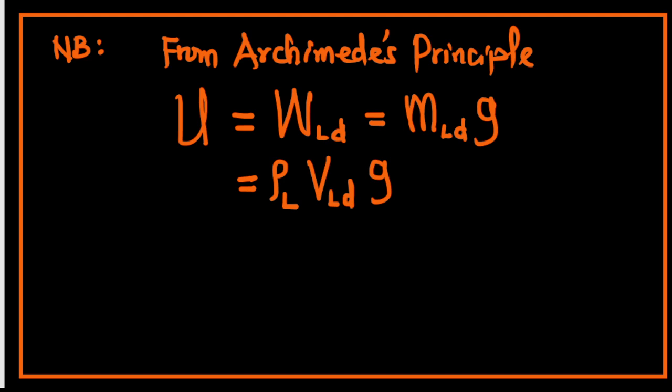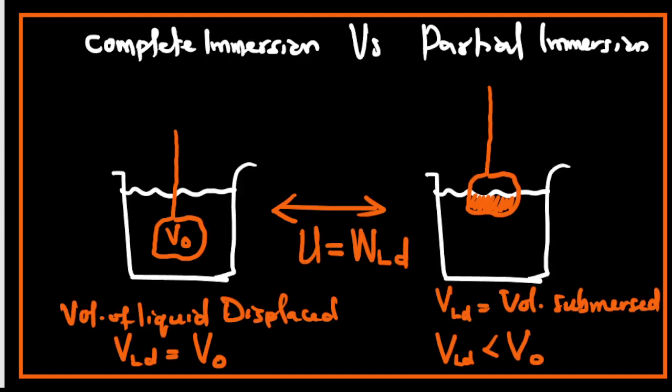Okay, how? Let me go back to this that I explained. It is important you know that complete immersion is different from partial immersion in terms of looking for volume of liquid displaced.